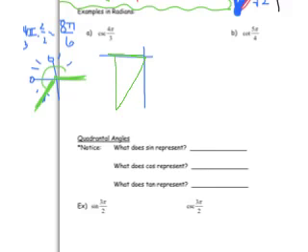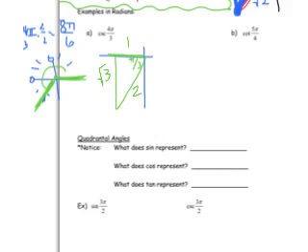if this was 4 pi over 3, this is 3 pi over 3, then the angle is a single pi over 3, which is 60 degrees. So across 60 is √3, across 30 is 1, and across 90 is 2.